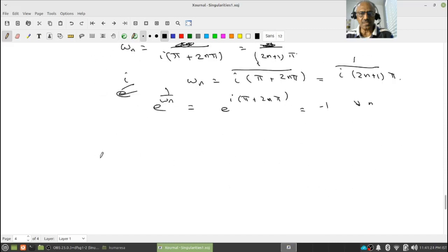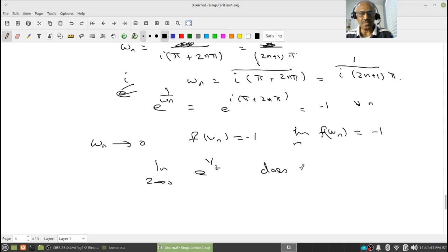And again notice that w_n goes to 0 and f of w_n is always minus 1, therefore the limit of f of w_n is minus 1. So this shows the limit as z goes to 0 of e power 1 by z does not exist.